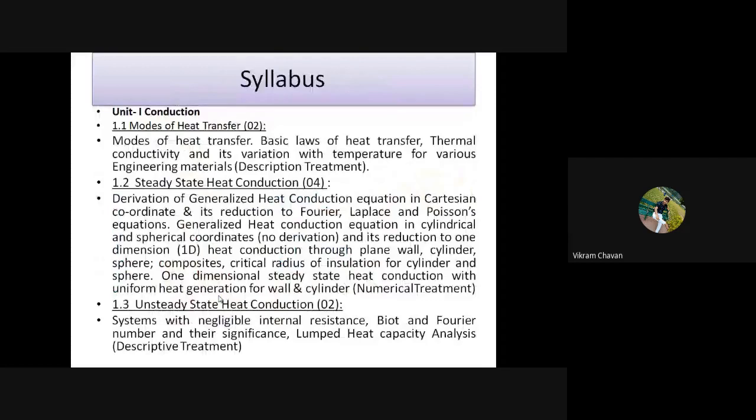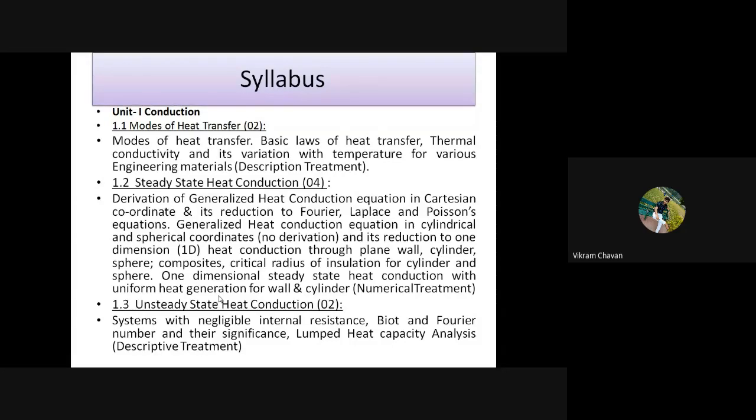I will share these PPTs, you can note down the syllabus also. And from tomorrow's lecture, we are going to start our first chapter with the first point, that is modes of heat transfer. Initially we have to understand the difference between thermodynamics and heat transfer. We say that thermodynamics is a prerequisite for heat transfer, but why we are studying heat transfer after studying thermodynamics needs to be understood.